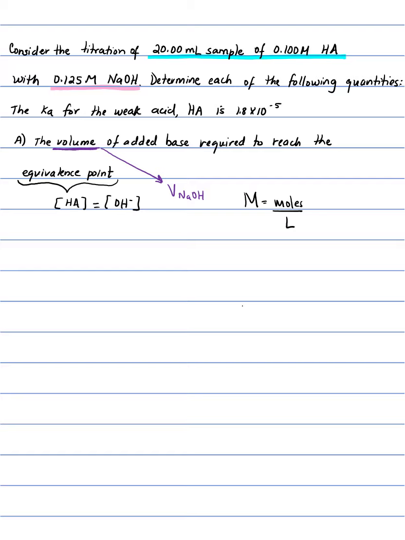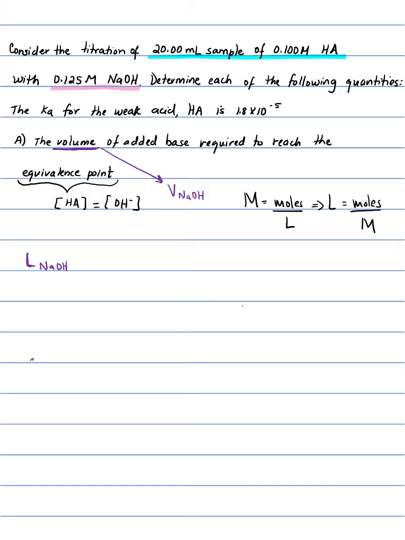You're trying to calculate a volume here. So to calculate a volume, you can solve this equation: moles over molarity, which means that if you want to find out liters of NaOH, that's what you want, a volume of the base that you need in order for your titration to reach the equivalence point.